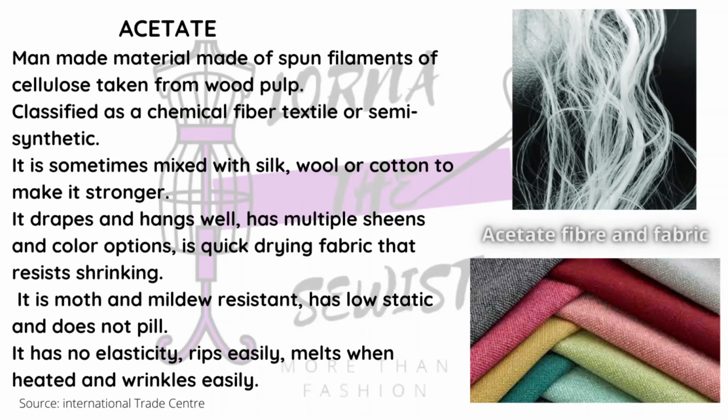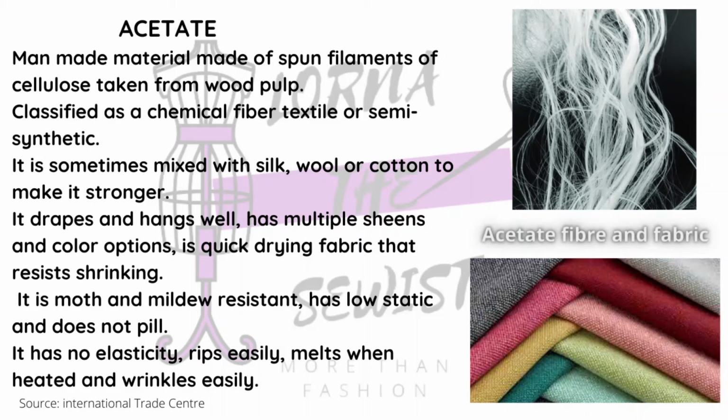Then we have acetate. Acetate is a man-made spun filament of cellulose taken from wood pulp. So it's classified as a chemical fiber textile, or semi-synthetic, because it comes from wood pulp. It is sometimes mixed with silk, wool, or cotton to make it stronger. It drapes well, hangs well, has multiple sheens and color options, and it's a quick-dyeing fabric.